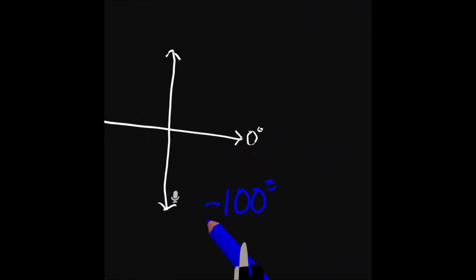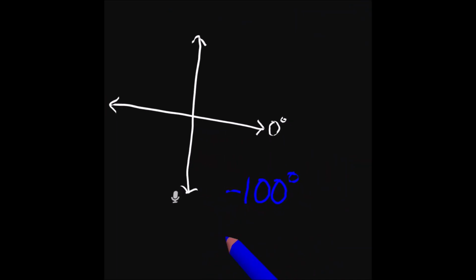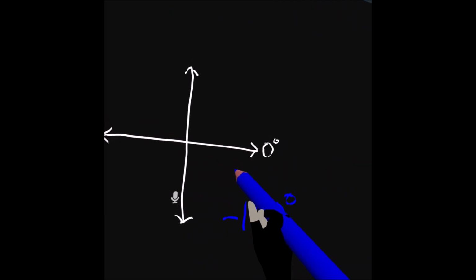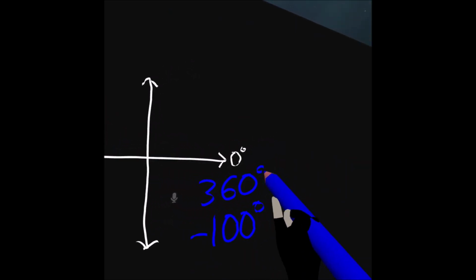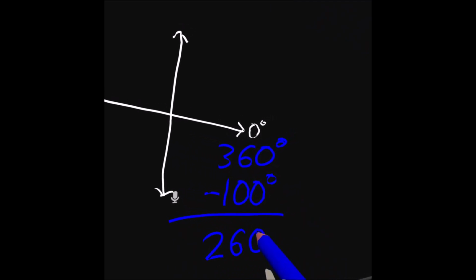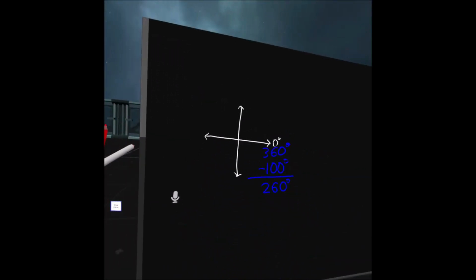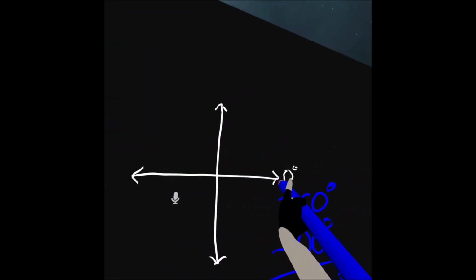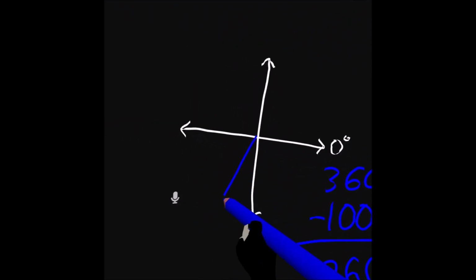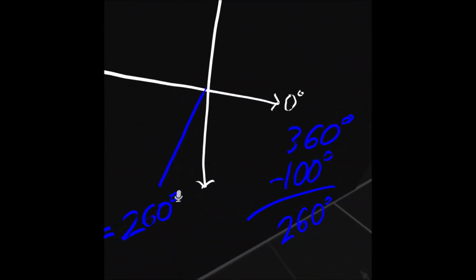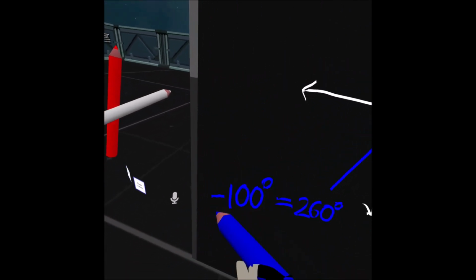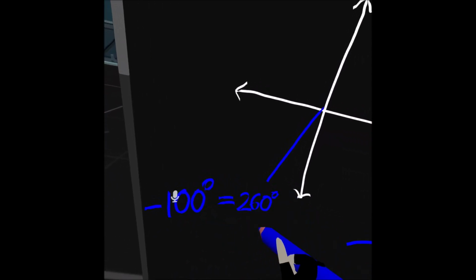So because it's negative, we can add 360. So our reference angle would be 260 degrees, which is somewhere between 180 and 270. So 260 would be somewhere here, which is the same thing as negative 100 degrees.